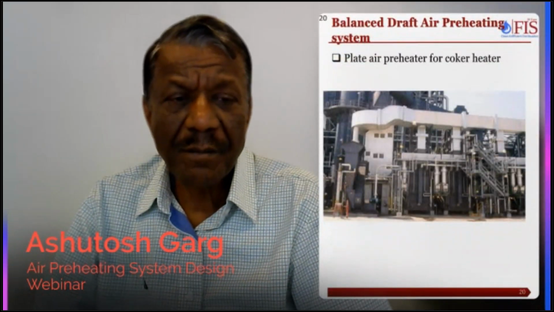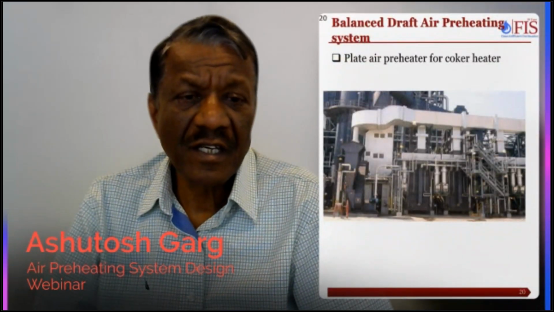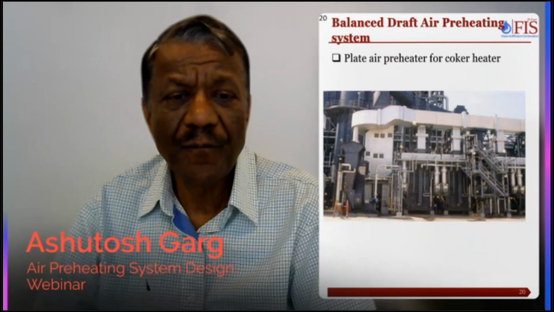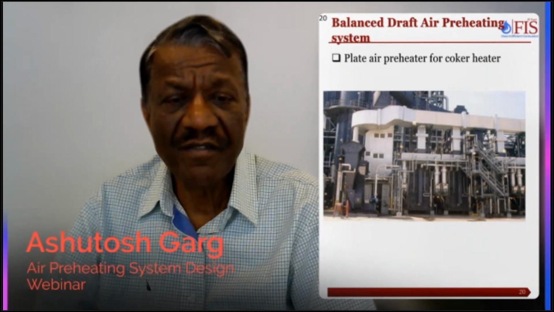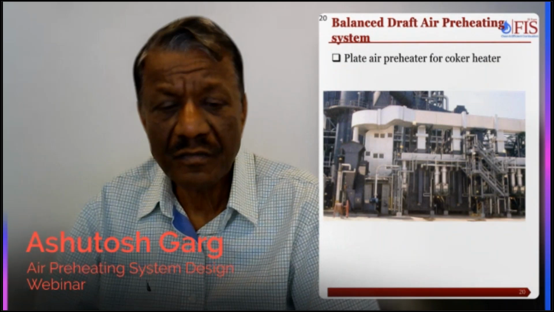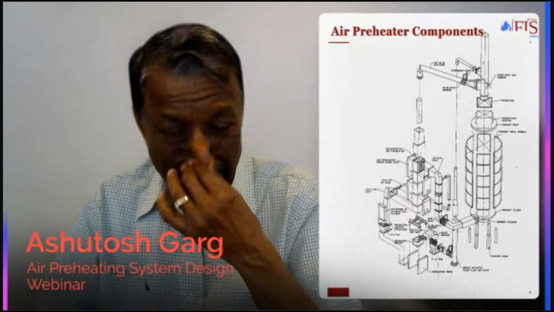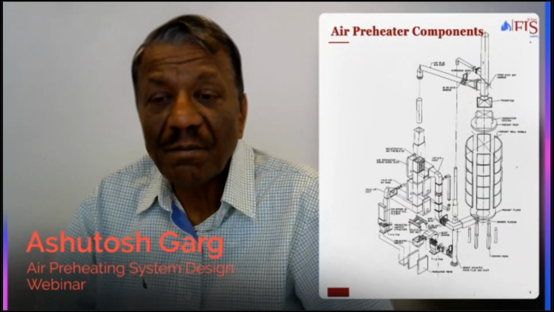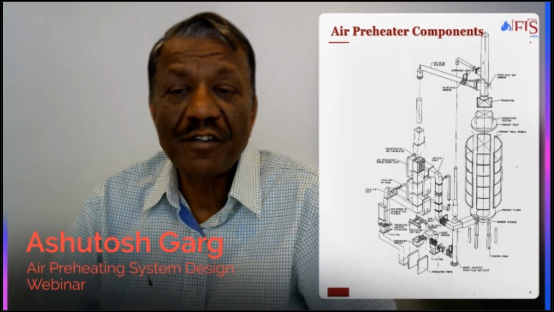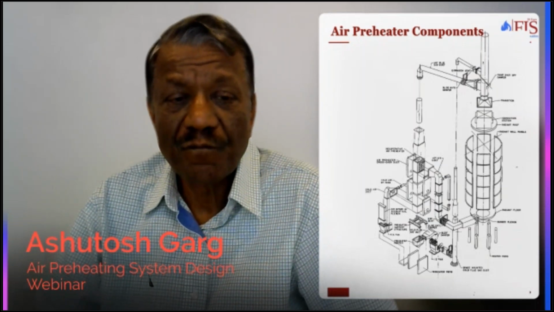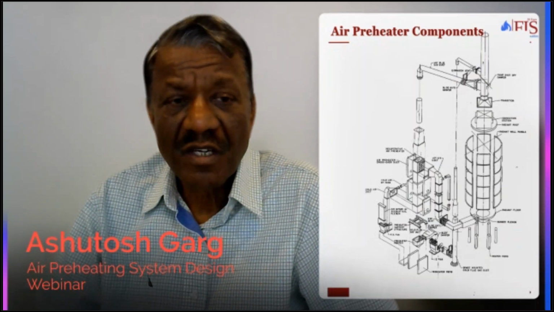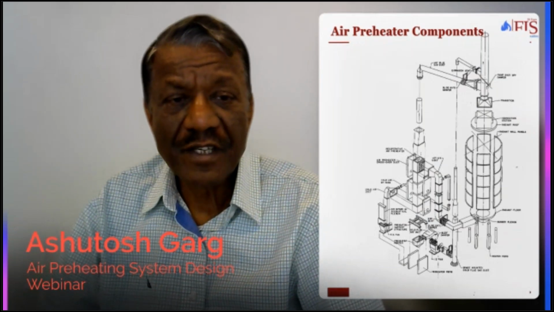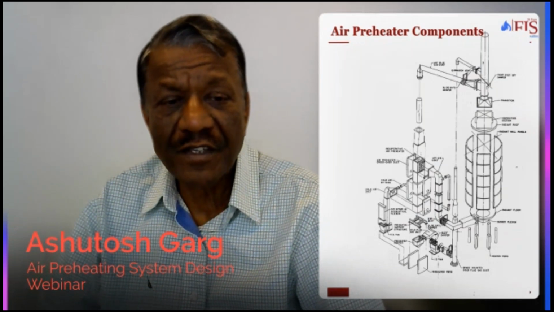This is a picture of an air preheater, a plate type air preheater for a coker heater. You can see the FD fan over here. So air preheater installation is fairly complicated. It's not just one piece of equipment. If you see, we have the hot flue gas duct.